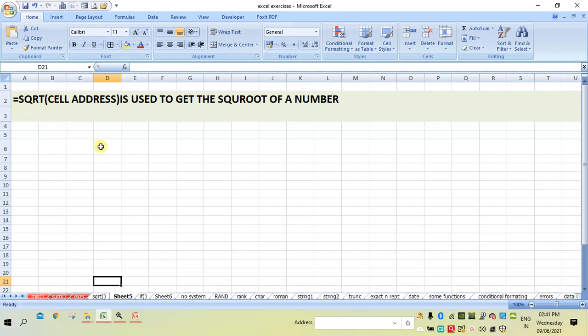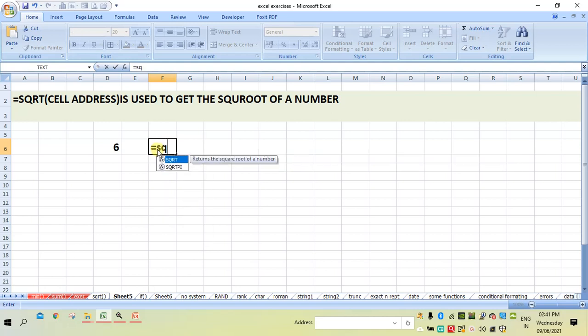To find the square root of 6, the function is equal to square root, in brackets the cell address of 6, then bracket complete, enter. The square root of 6 is 2.4.